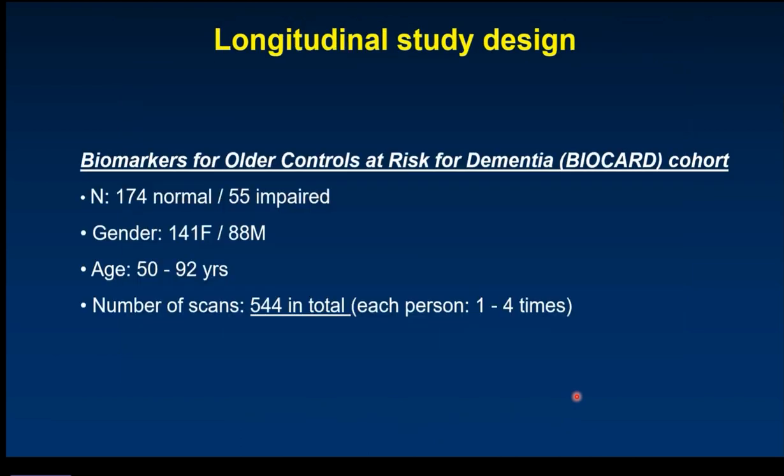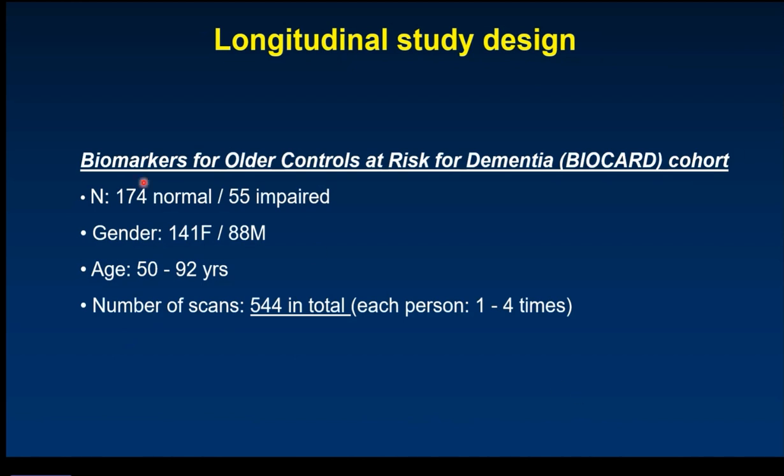The participants in our study were part of the BioCard cohort. The participants in the BioCard cohort received comprehensive cognitive assessment, clinical assessment, and MRI scans, as well as blood biofluid sampling.